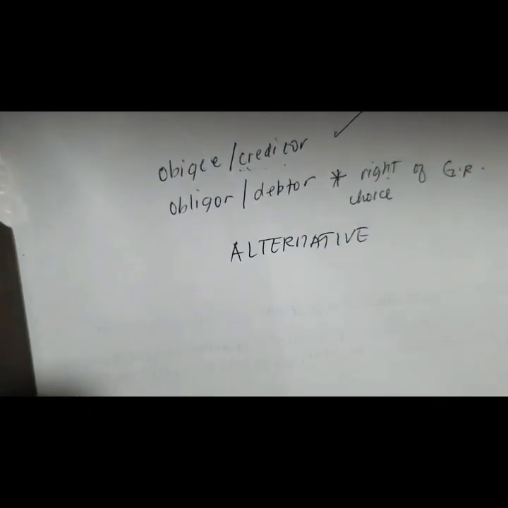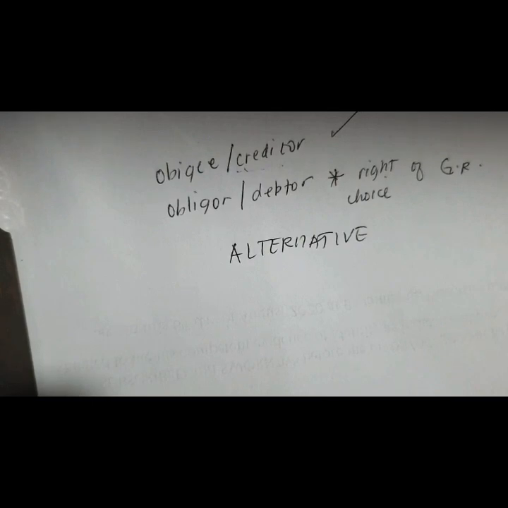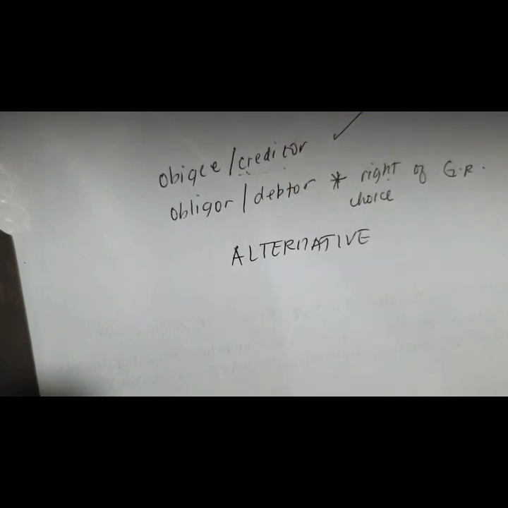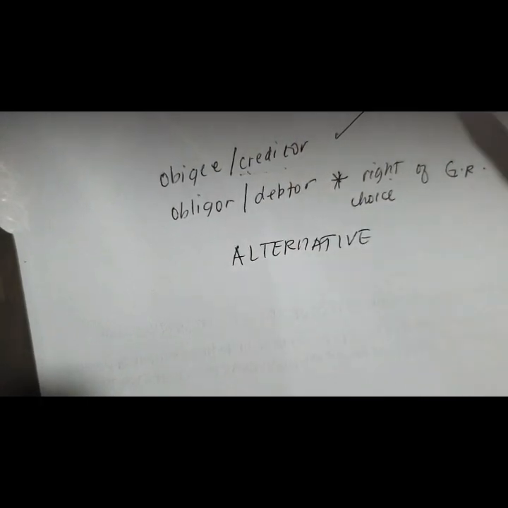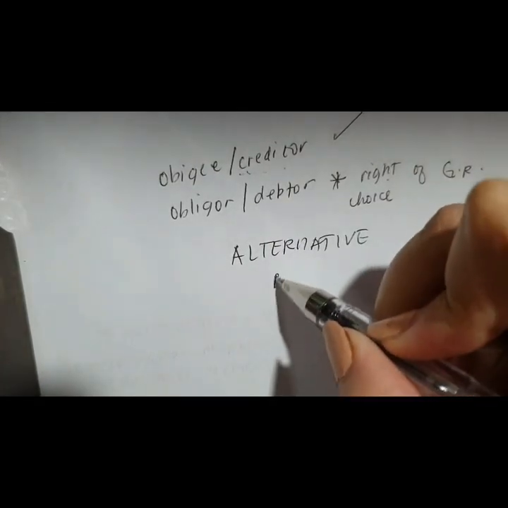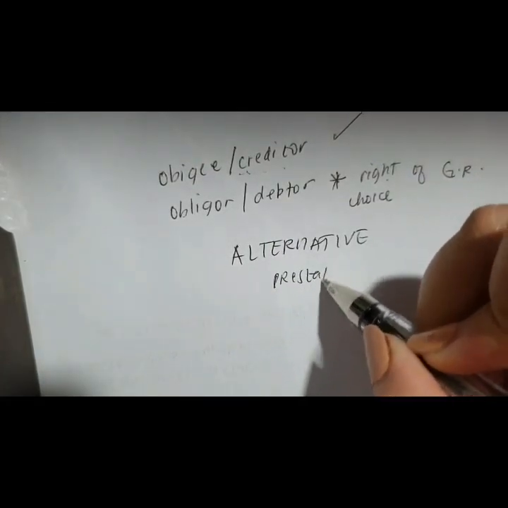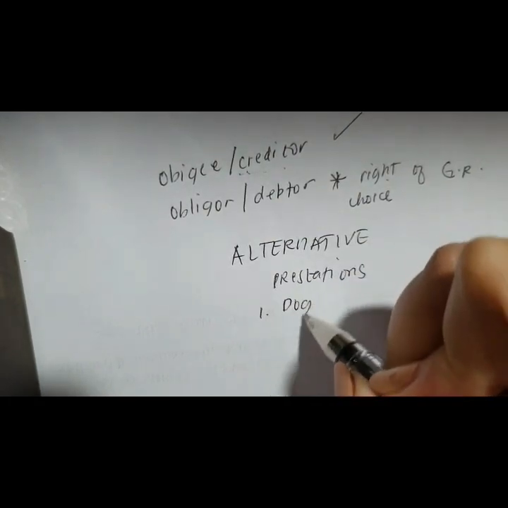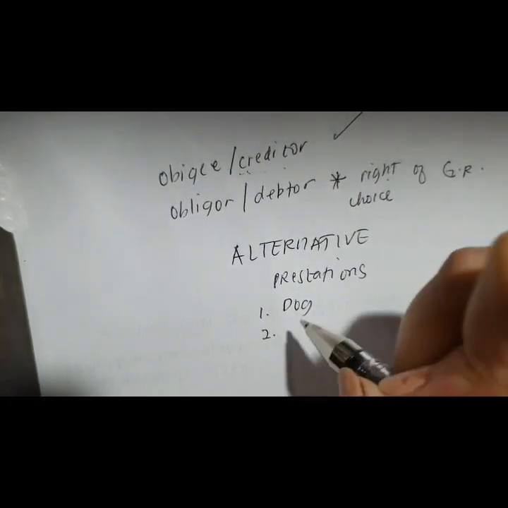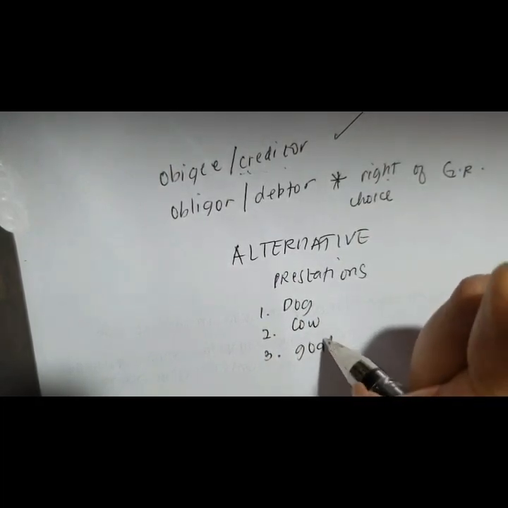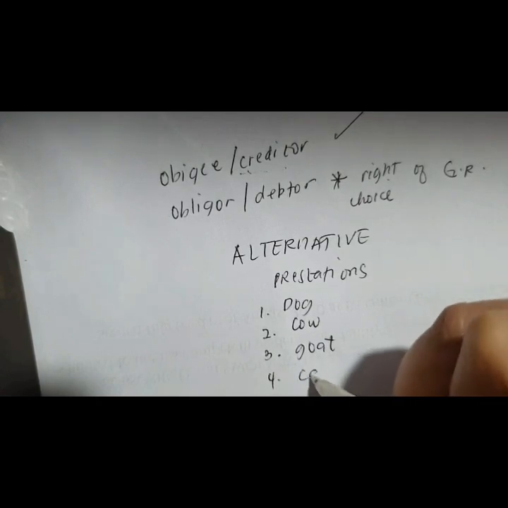So, sa alternative, may several prestations. Ano yung several prestations? For example, si debtor oblige kay creditor na magbigay ng either dito sa mga prestations. Ano yung mga prestations? One, pwedeng dog. Isang pwedeng dog ang ibigay niya. Pwedeng cow. Pwedeng goat. Pwedeng carabao.